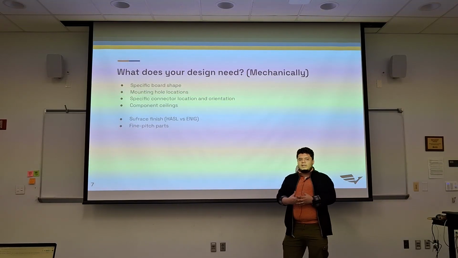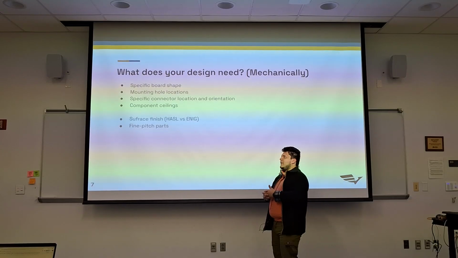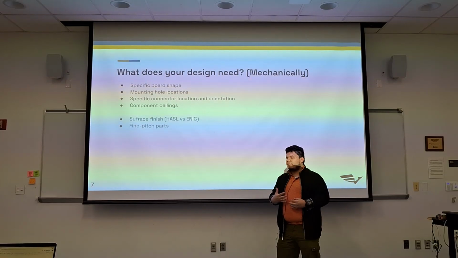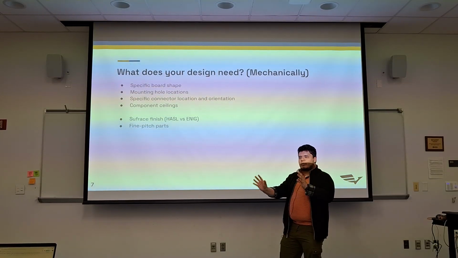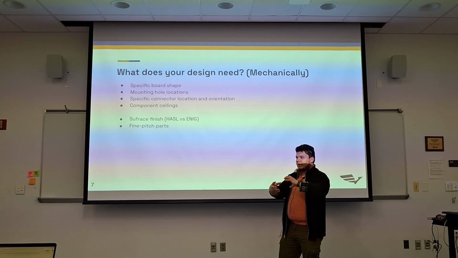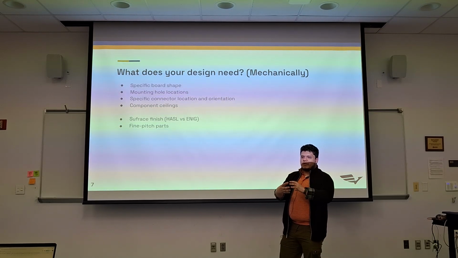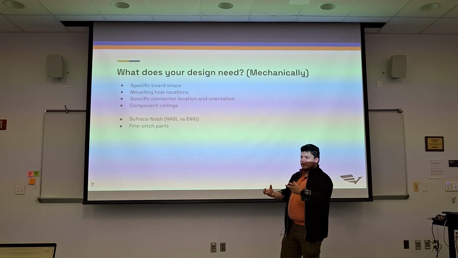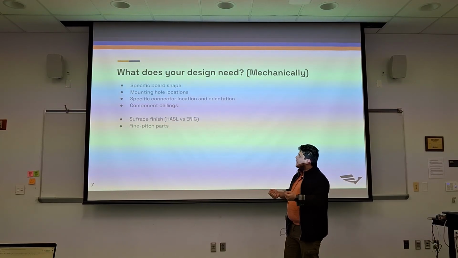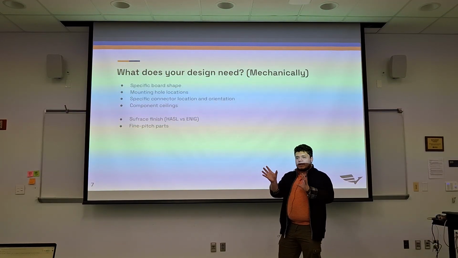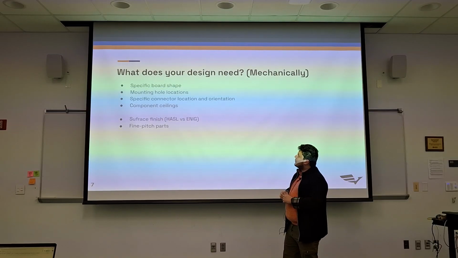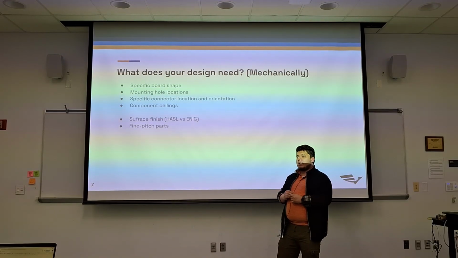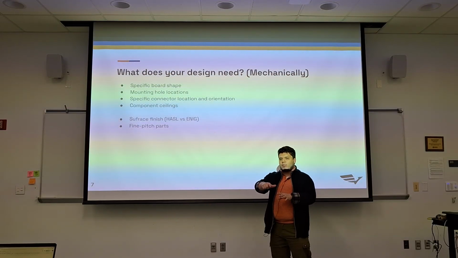Ideally, you should always be receiving at the very least a DXF from mechanical telling you where to put connectors, because sometimes these connectors have to fit in a certain way. In this case, I think we have a lot of boards that are edge connecting, so the board itself is a connector, but sometimes you have other connectors. So work with mechanical on getting those exact locations. They should be able to provide a DXF that has the entire board outline.